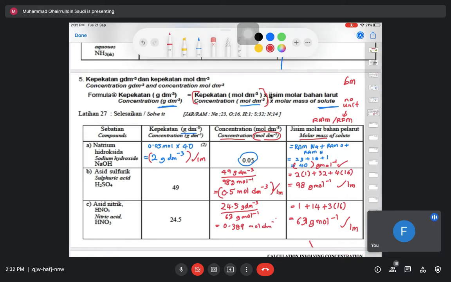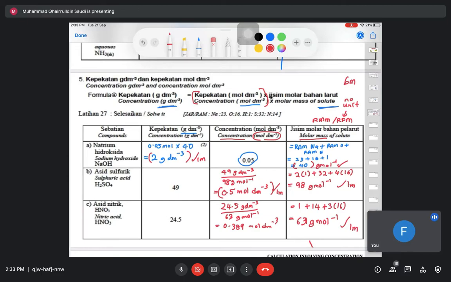Okay, that will be 2 decimal places. This is what I wanted to say earlier. Make sure when you press the calculator, if the answer has many decimal places, at least take 3 decimal places.